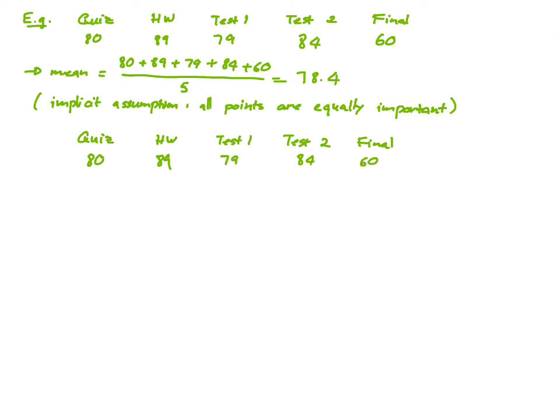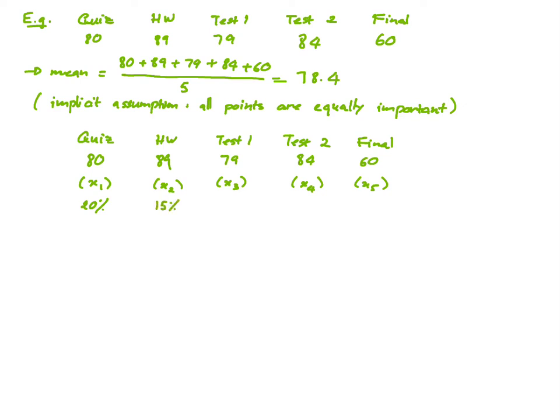And let me call these x1, x2, x3, x4, and then x5. Right? And suppose I have the following weights. Let's say the quiz makes up 20% of the total grade. The homework makes up 15% of the total grade.